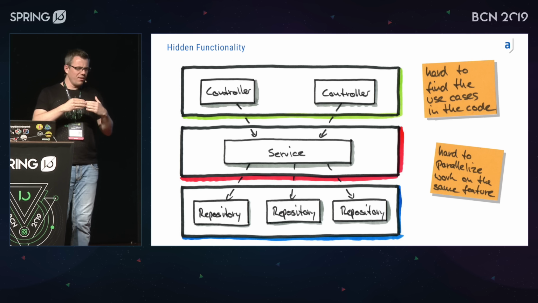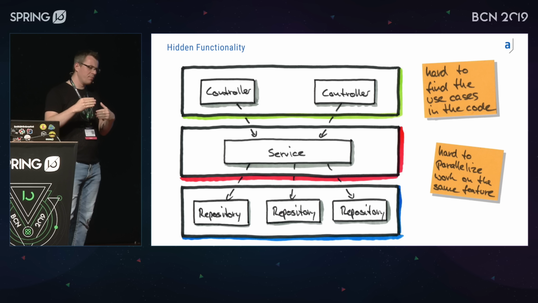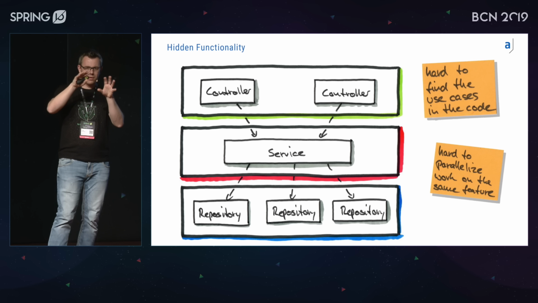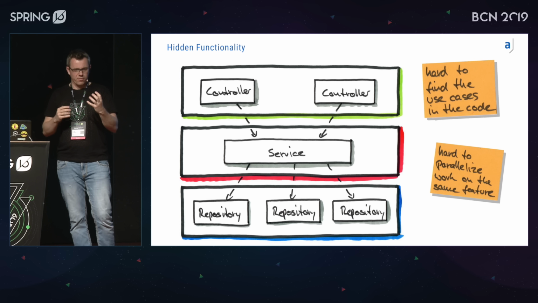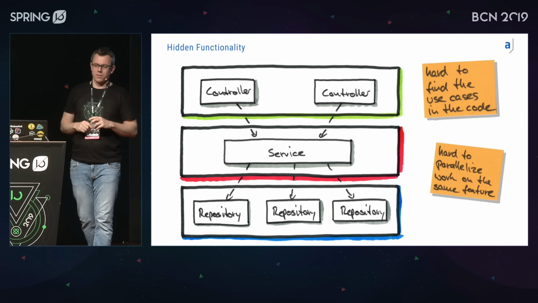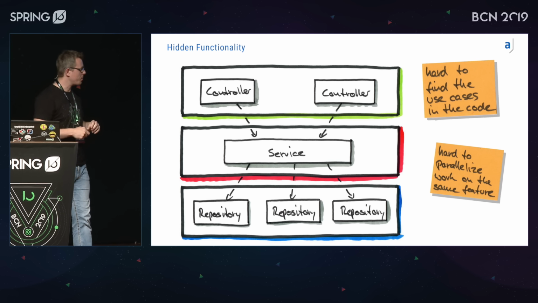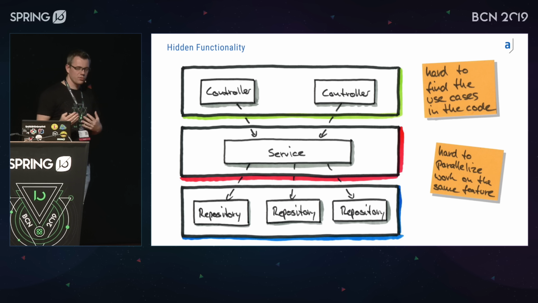If you're looking for a certain use case in the code base, you know it's somewhere in this order service, but you have to search through the service to actually find it. So these broad services that span multiple use cases make use cases hard to find.